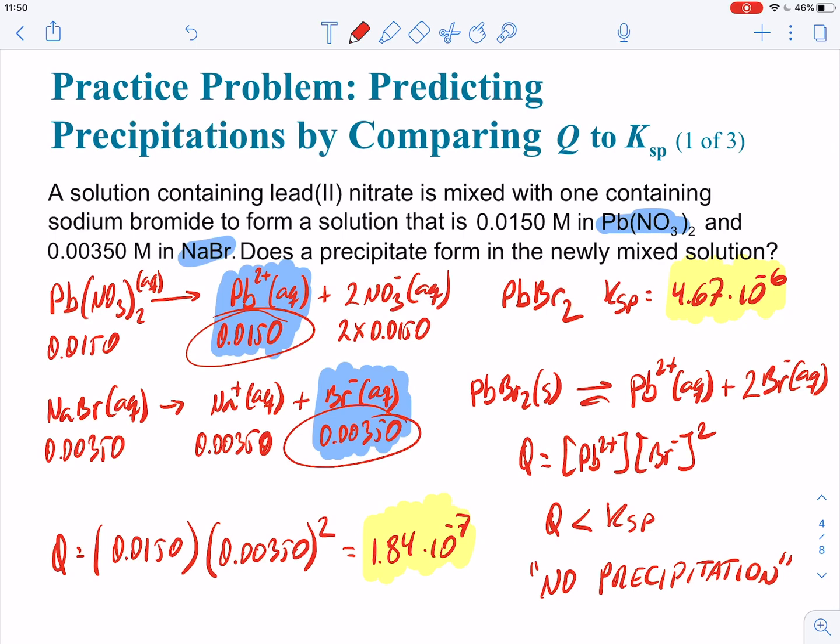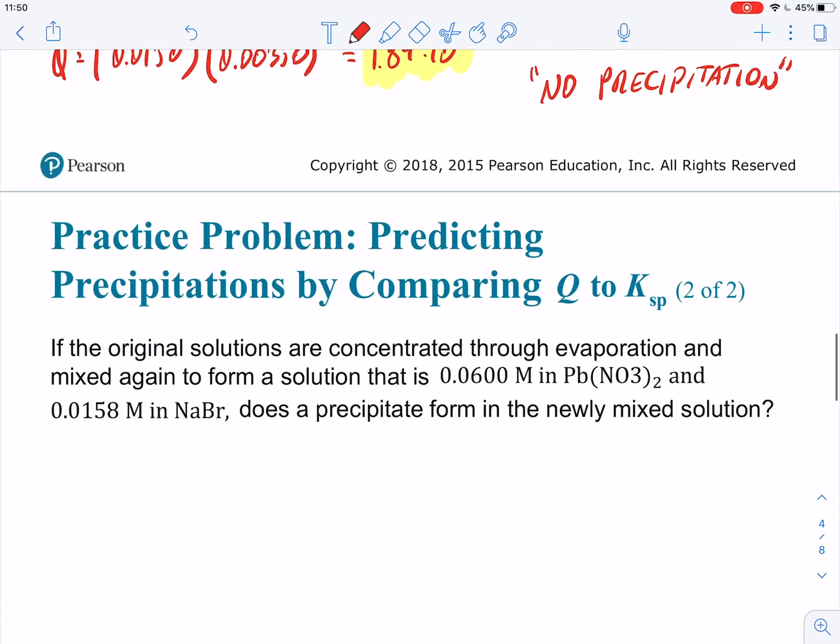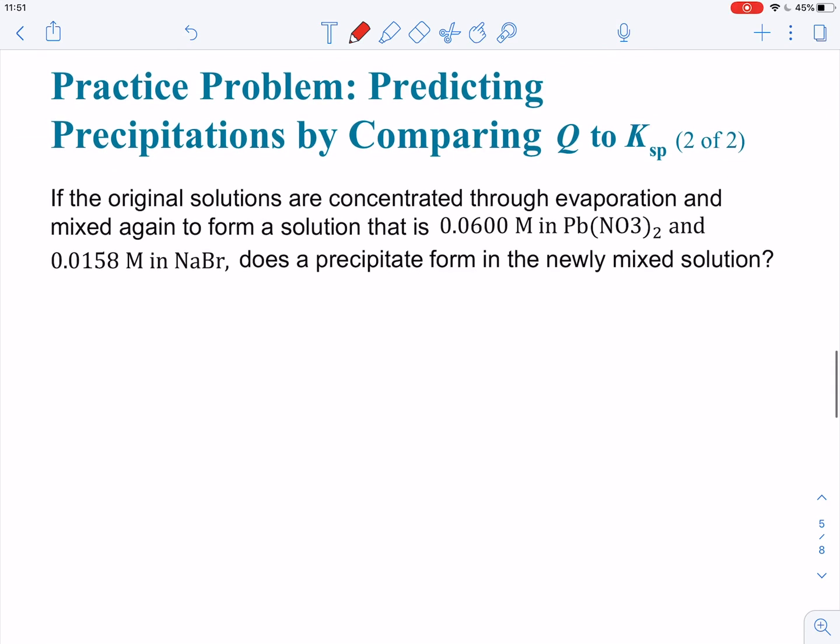Now, what if we take these solutions and somehow concentrate them in such a way that lead nitrate is 0.0600 molar and the sodium bromide is 0.0158? We're not writing the equations again. If you have 0.0600 molar lead nitrate, then the concentration of lead is 0.0600.